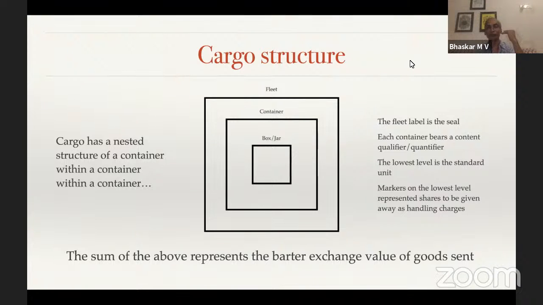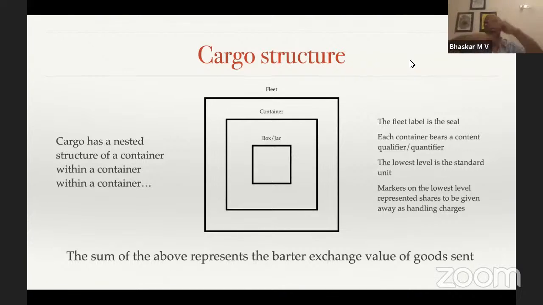Okay, so there is fleet level cargo advice, there is container level cargo advice, there is unit level, which is box unit level cargo, to go out with the nested cargo structure of any kind, whether it was 5,000 years back in Indus times or whether it is today through Amazon delivery. This is fundamental to all cargo handling, regardless of if there is a workflow for handling cargo.